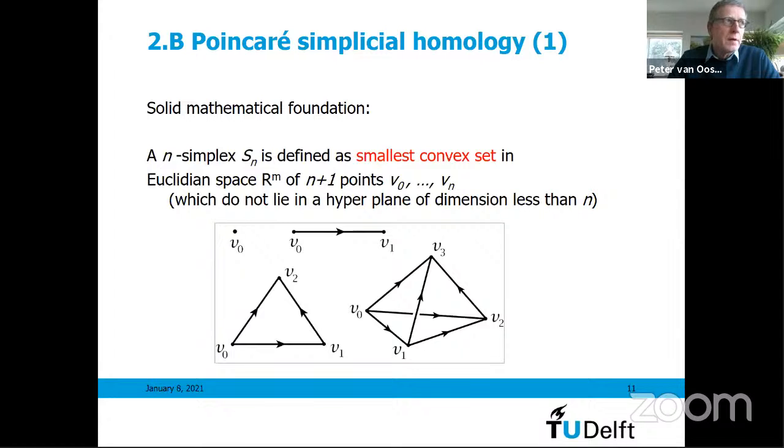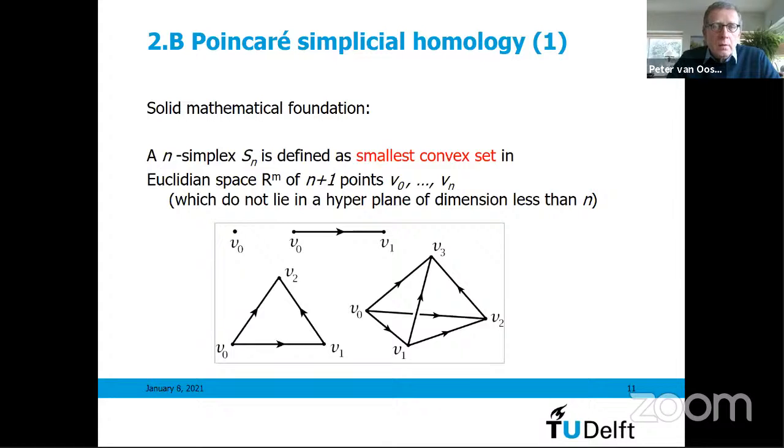And so normally we think in 3D space, so that would be R3. And at the boundary, the points of an ND simplex that are used are n plus 1 points.